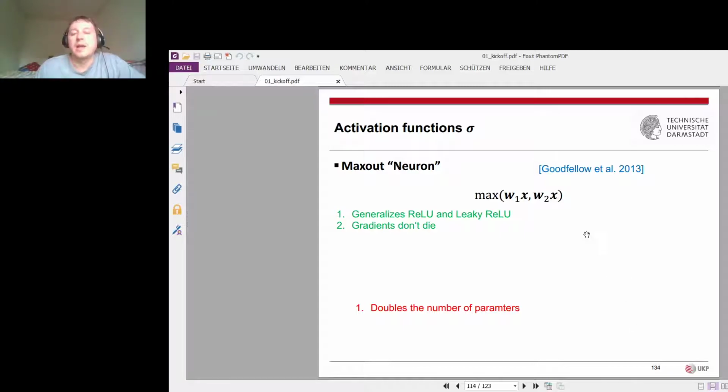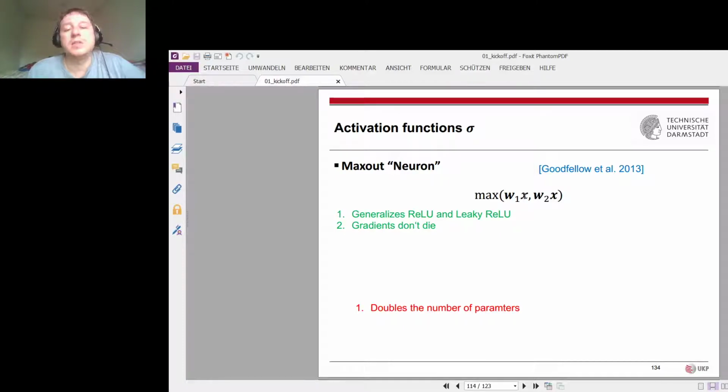And how does it look? Actually, it's a little bit different. Instead of having only one set of parameters W that is multiplied by the input x, it has two sets of parameters, W1 and W2, and it takes the maximum of these.